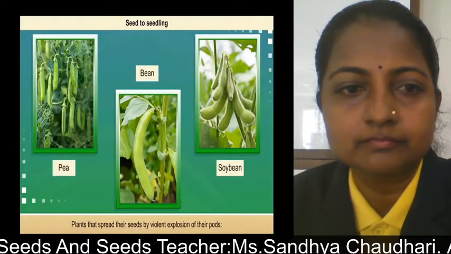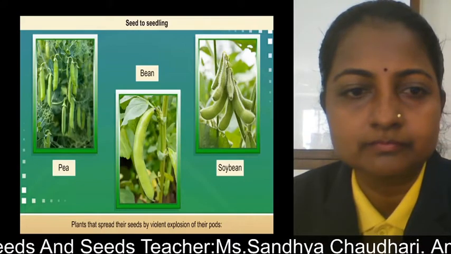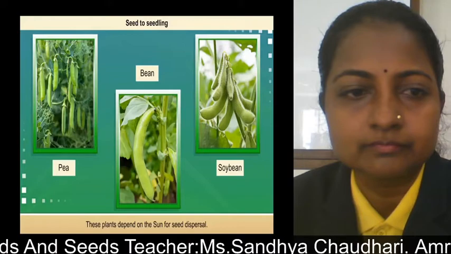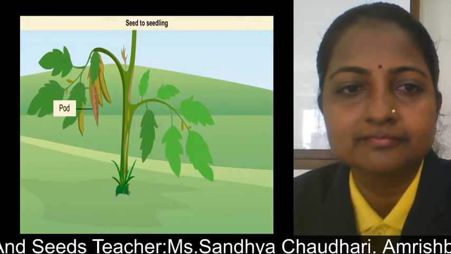They spread the seeds by violent explosion of their pods. All these plants depend on the sun for seed dispersal. As a pod dries in the sun, tension is set up in the walls, eventually causing it to split along two lines of weakness. Then the two halves curl back suddenly and flick out the seeds within in an explosive manner.